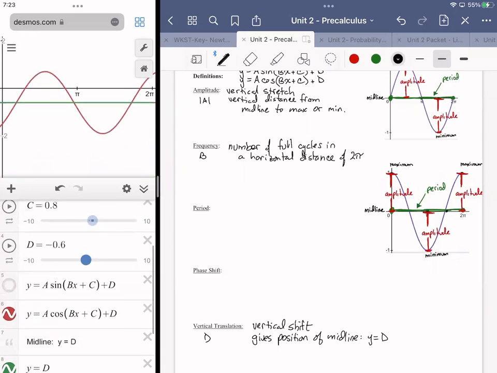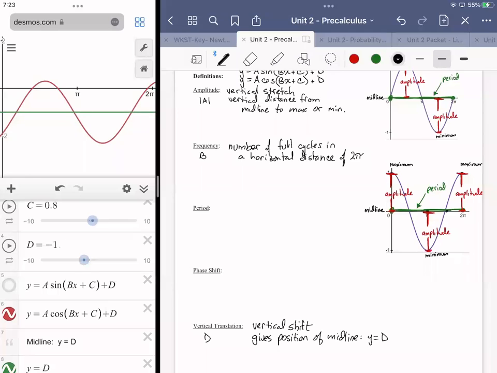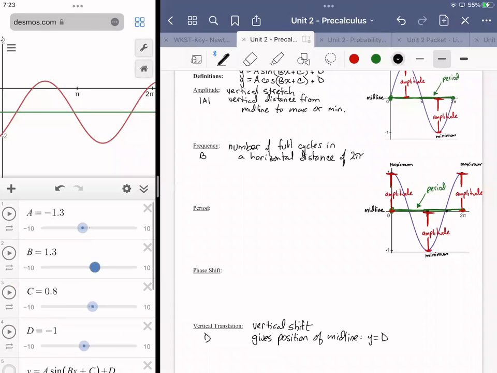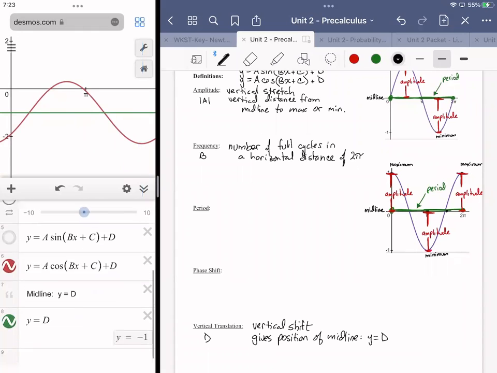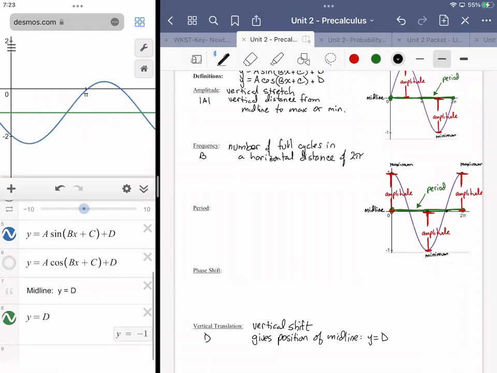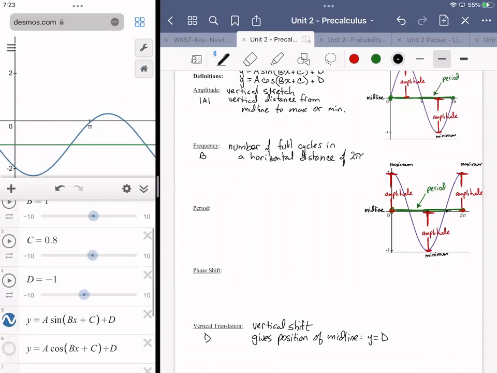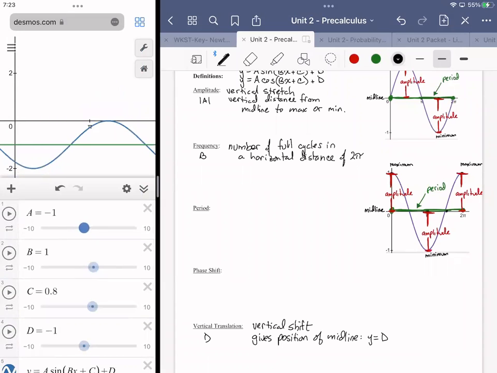I'm going to move my graph up a little bit. Let's just put it right here. Let's say I have a 1, and we're looking at just a sine graph with an amplitude of 1. I'm just trying to keep it as simple as possible for now.